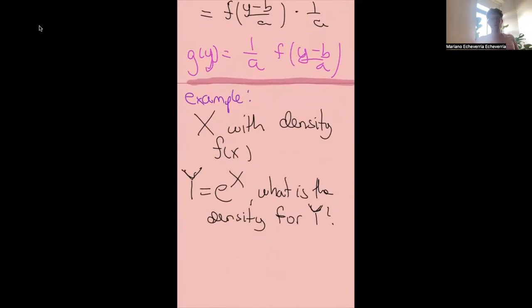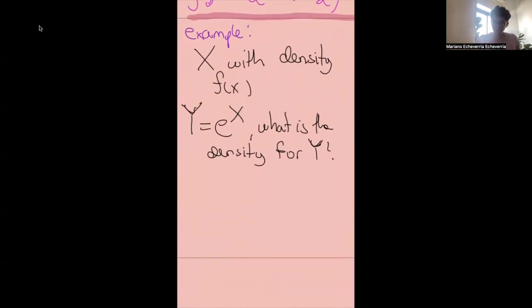Okay, so again, what does it mean for X to have density f of x? That means that the probability that X is less or equal to x is just the integral from minus infinity to x of f of t dt. And what would be the density for Y?